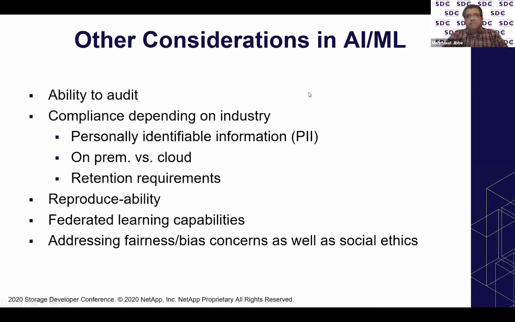So you have personally identifiable information, you have on-prem versus cloud, you have how long you're going to keep data, retention requirements. Those are compliance things to consider. Also, the ability to reproduce, and also there is some federated learning capability that could be implemented here or considered for AI and ML.